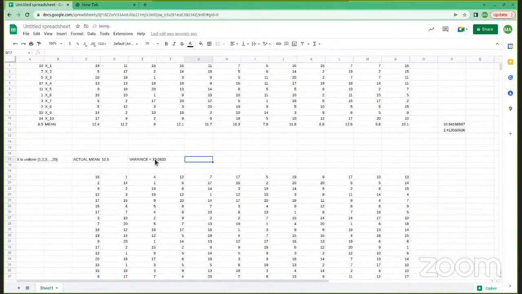Okay, so this is the variance of the actual population.